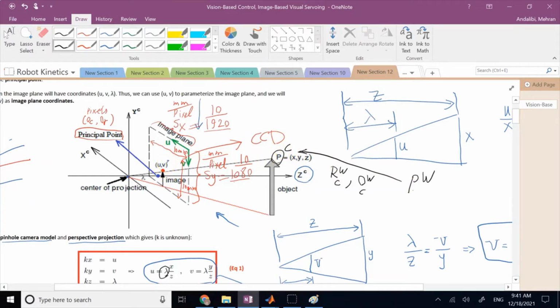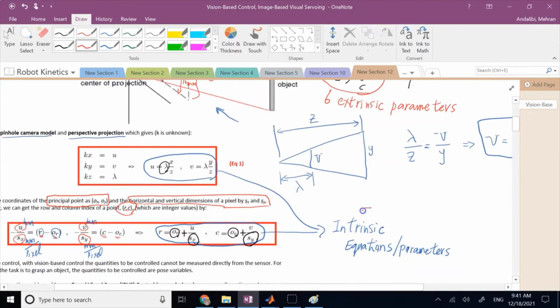So this set of parameters here, we call them extrinsic parameters, which are 6 of them, right? 3 in O and 3 minimal orientation representations. So there are 6 of them here, and there are 5 intrinsic. So in general, a camera has 11 parameters that you need to find.